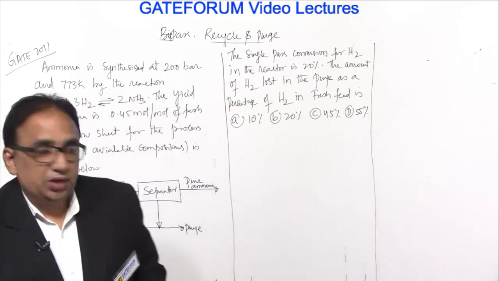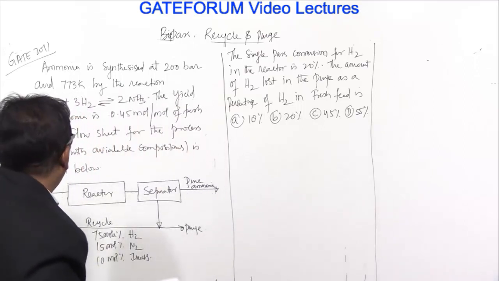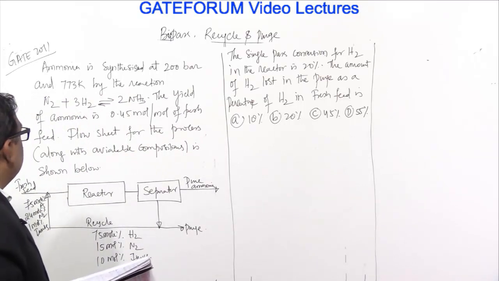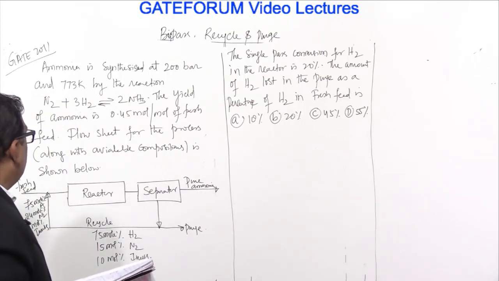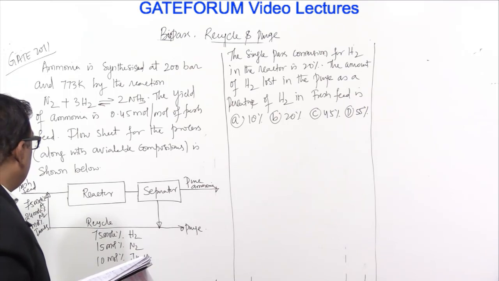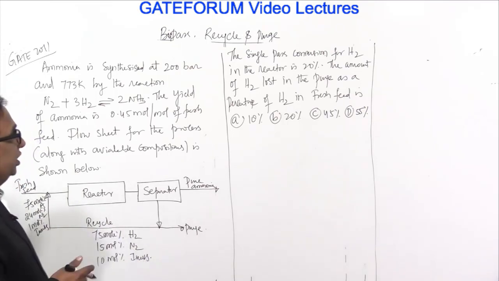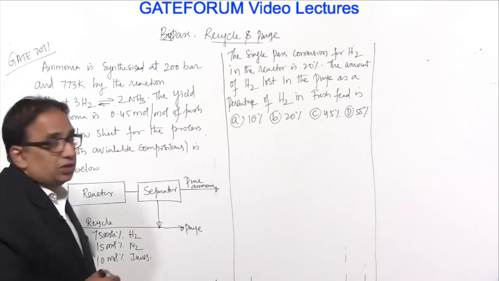Ammonia is synthesized at 200 bar and 773 Kelvin by the reaction N2 plus 3H2 gives 2NH3. The yield of ammonia is 0.45 moles per mole of fresh feed. Flow sheet for the process along with available compositions is shown below. The single pass conversion for H2 in the reactor is 20%.